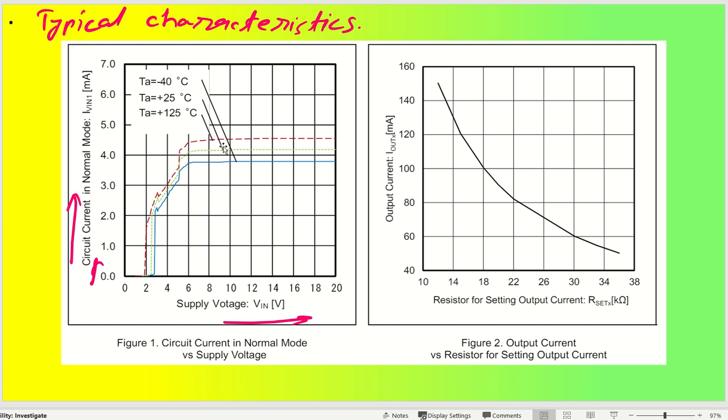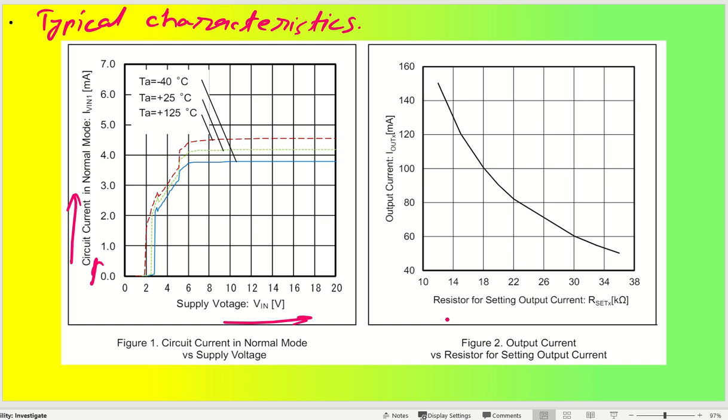And based on the temperatures it is actually varying. As you can see, if it is 125 degree centigrade, the current is going to be close to 4.5 milliamperes. So that is I V in. The current into your V in pin will be this much. Basically, this is the circuit current in normal mode versus supply voltage.